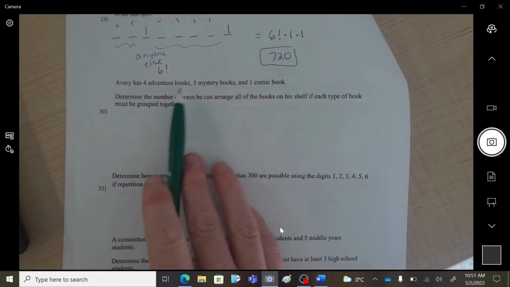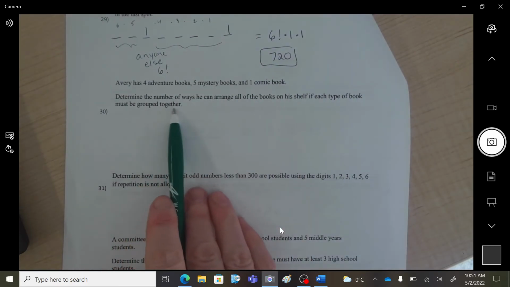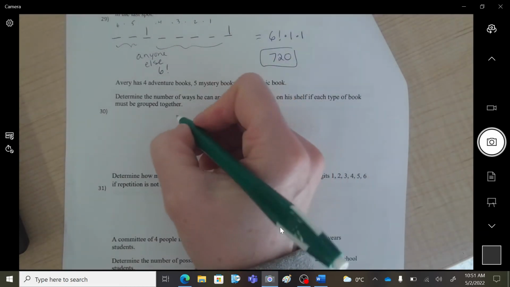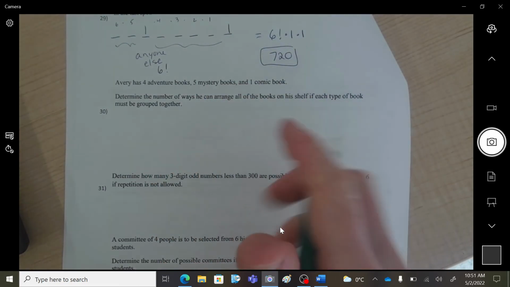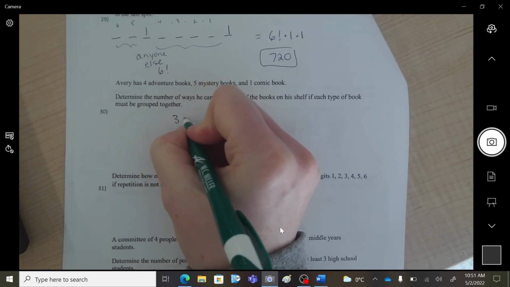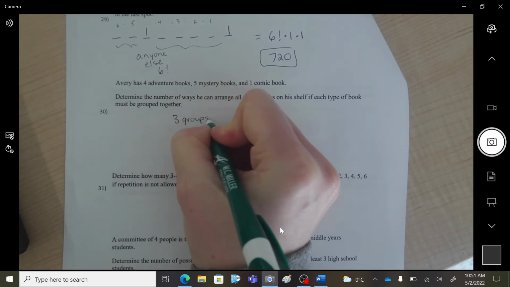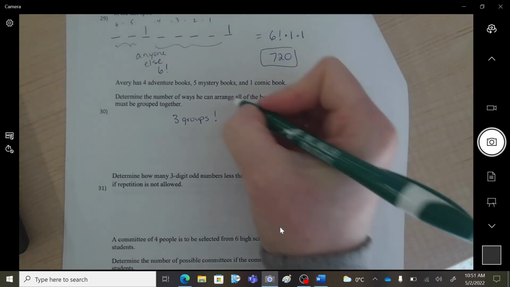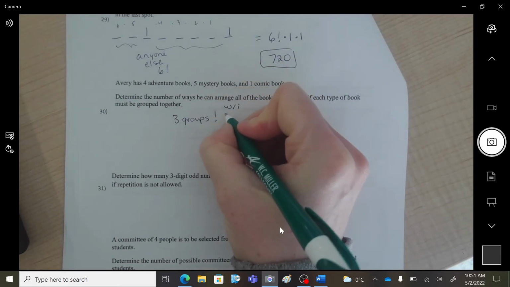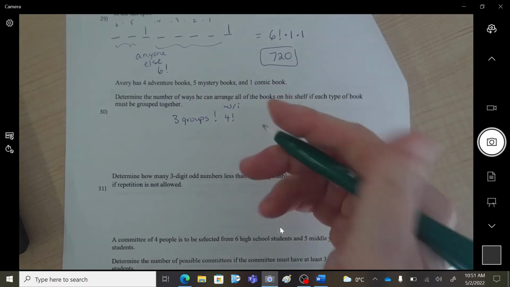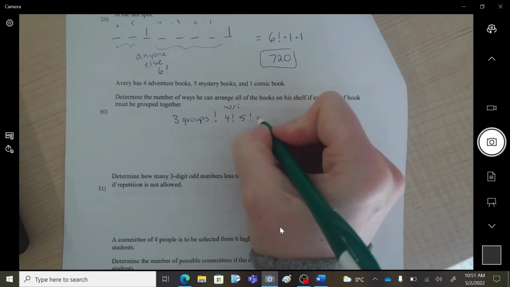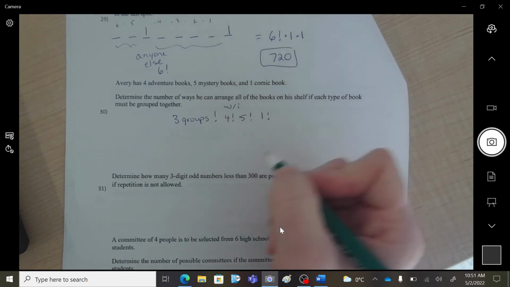Okay, we have 4 adventure books, 5 mystery, 1 comic. How many ways can we arrange this if we have to keep the group of books together? So we have 3 groups. We'll be arranging that. Then within, we have 4 factorial ways with the adventure books, 5 factorial ways with the mystery, and 1 for the comic.